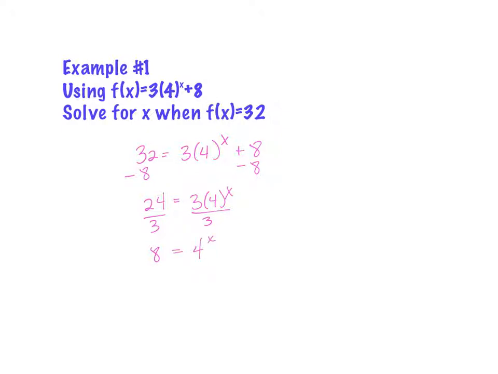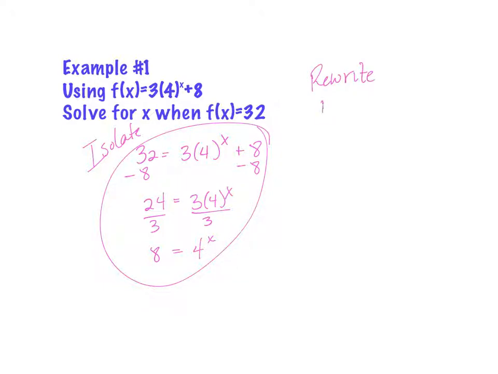Now we need to rewrite that. So this was the isolate part. Label that. And then we've got a rewrite in log form. So this is going to be log base 4 of 8 equals x. We're going to rewrite again.